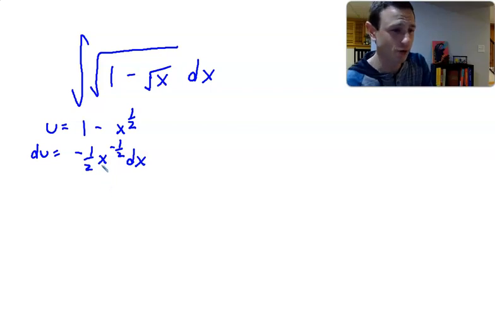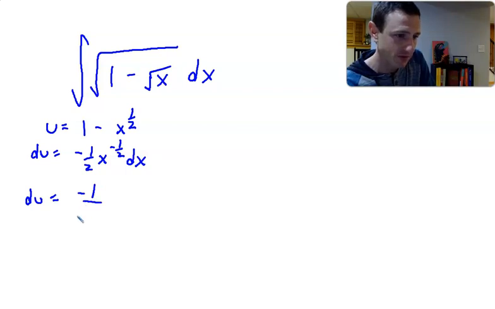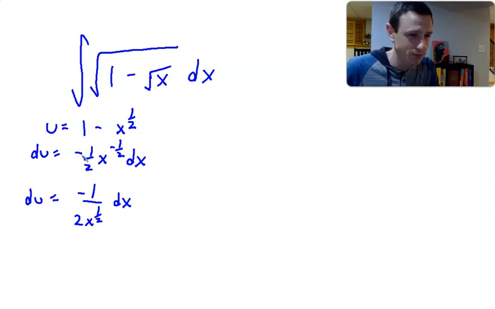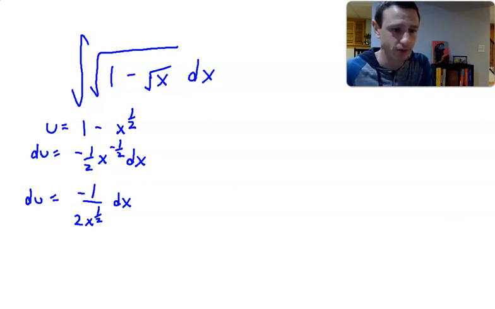So in this current form, it's not extremely helpful, but if we just manipulate this a little bit, I'm going to rewrite this as negative 1 over 2x to the 1/2 dx. What I can do then is at least substitute out dx for something, and then we can maybe work some things around here.